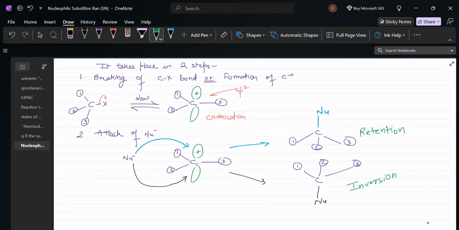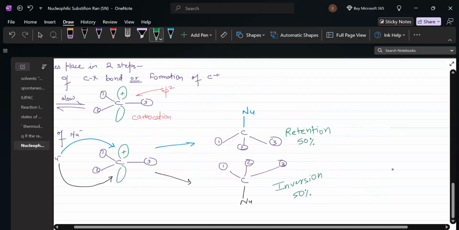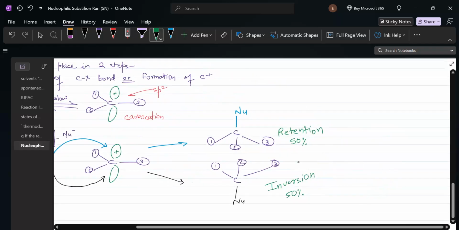Okay. So retention and inversion means in a mixture, when this reaction took place, we have 50% of this compound and 50% of this compound. So finally, when we have this kind of mixture, it is called a racemic mixture.